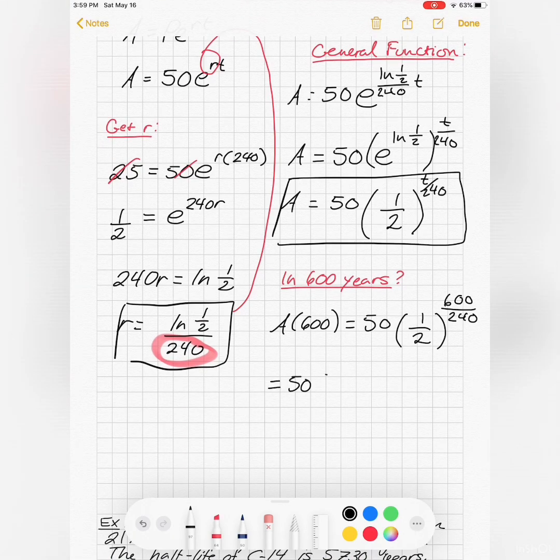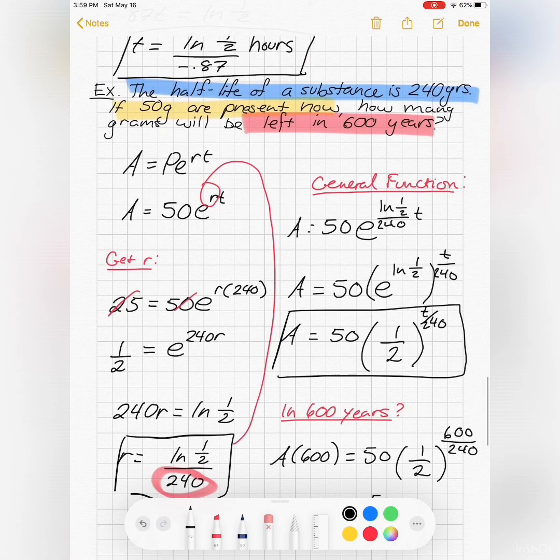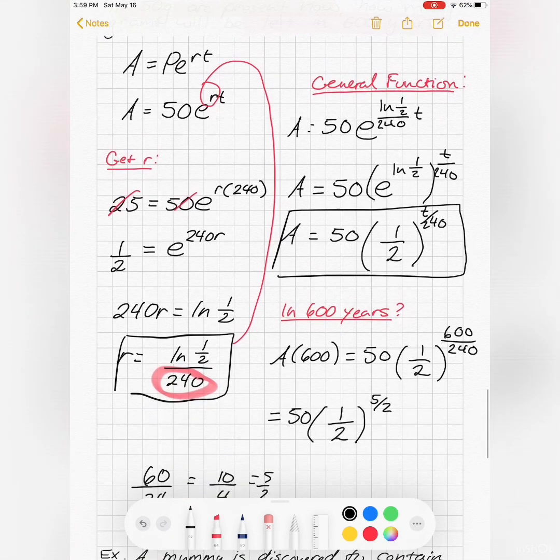I should try to simplify that. So let's see. That'd be what, 60 over 24, divide by 6, 10 over 4, 5 over 2, reducing. And then what are the units? Grams.